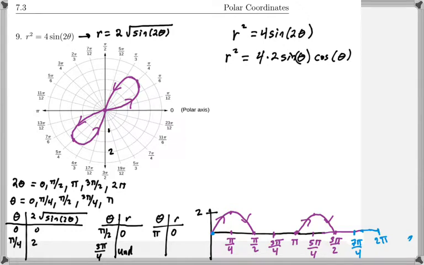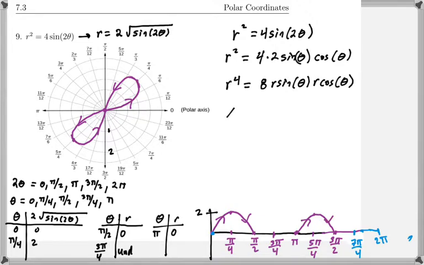Okay, and then we need r sine and r cosine to convert to y and x respectively. So that's 2r, so we're going to multiply by r squared. So r squared times r squared is r to the 4th. It's equal to 8 r sine of theta and r cosine of theta.